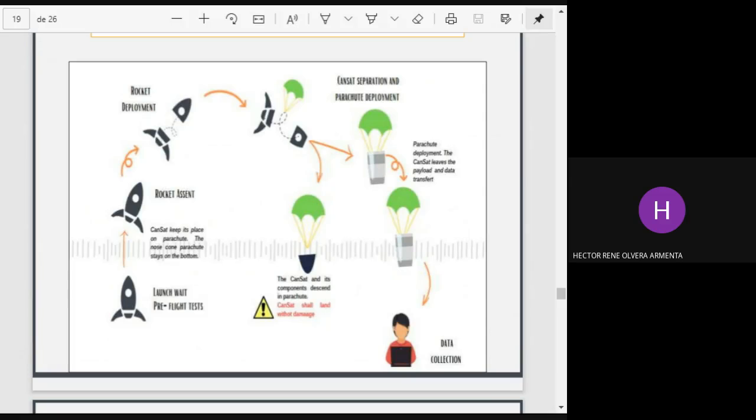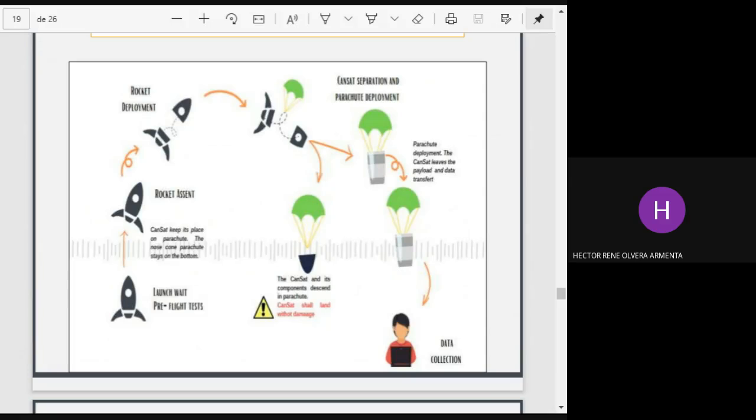After this, we are going to launch the rocket, and the payload at one point in altitude will be separated from the main structure, and the parachute will activate to bring it safely to ground.